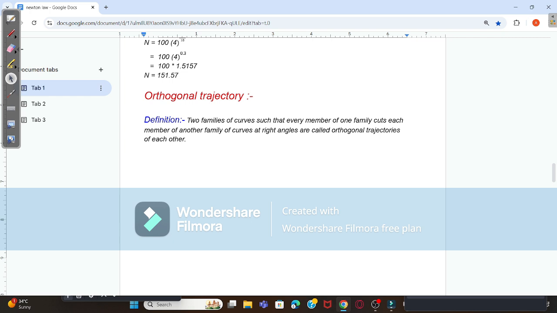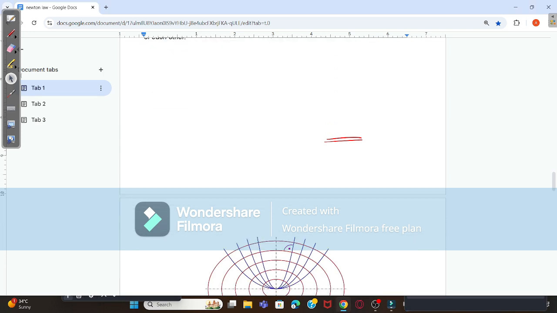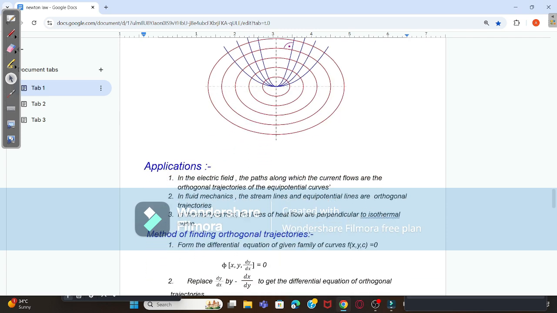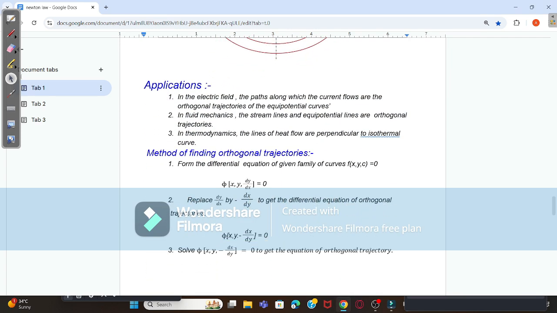Orthogonal trajectory: two families of curves such that every member of one family cuts each member of the other family at right angles are called orthogonal trajectories. This diagram is one of the examples of orthogonal trajectories. Applications: in an electric field, the paths along which the current flows are the orthogonal trajectories of the equipotential curves.